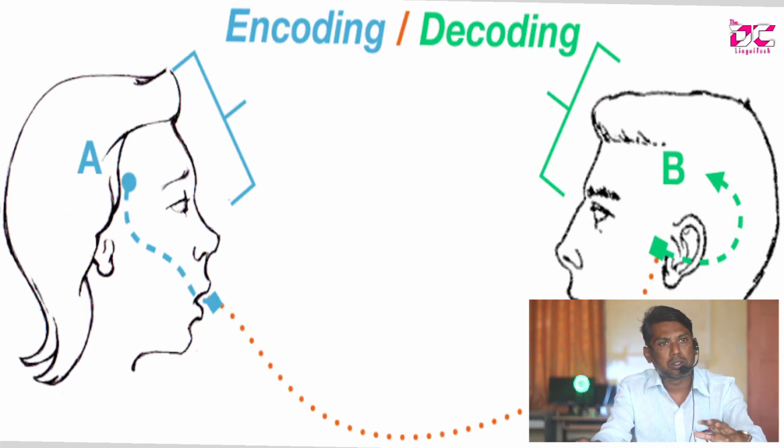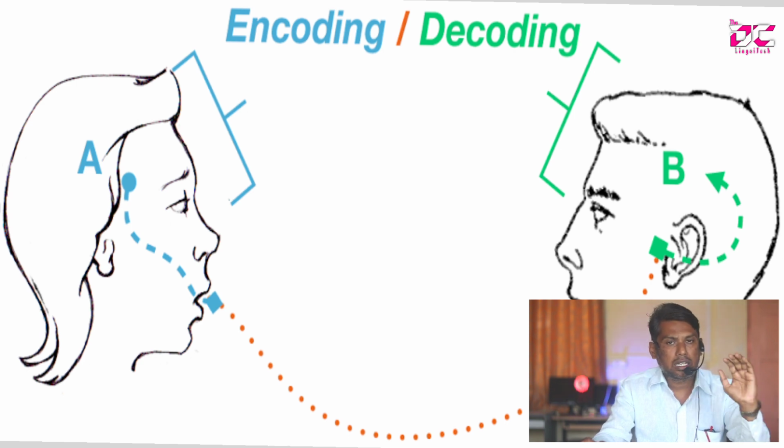Encoding and decoding are the problematic areas when one encodes something and another decodes. Every word, every code in any language has multiple meanings. Multiple meanings means it can be interpreted in different ways, can be right, can be wrong.